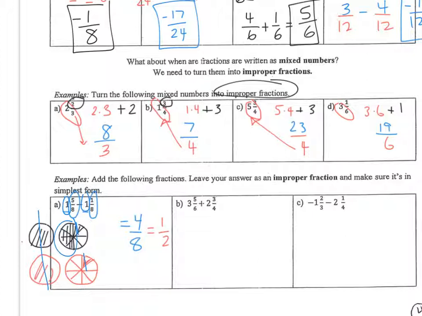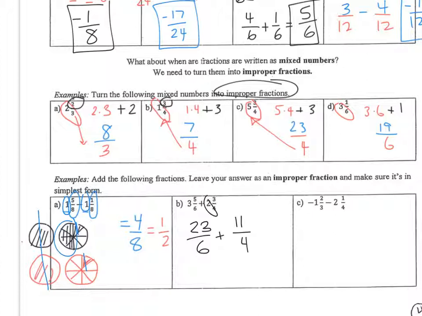So down here, what I would do is I would change these to an improper fraction first. So this is 3 times 6, which is 18, plus 5, which is 23/6, plus 2 times 4, which is 8, plus 3 is 11/4.